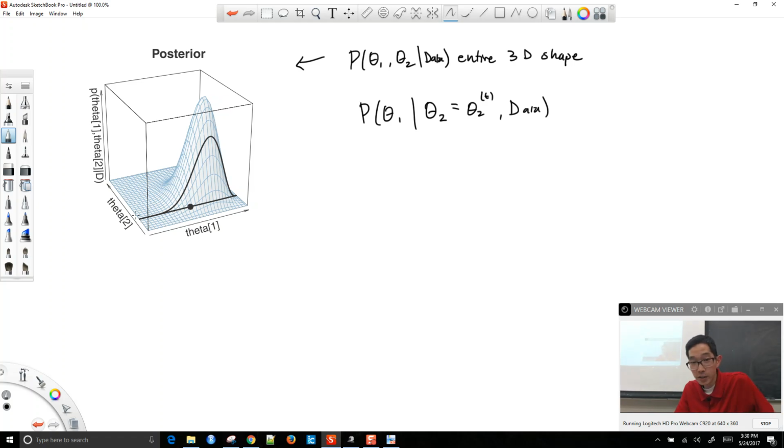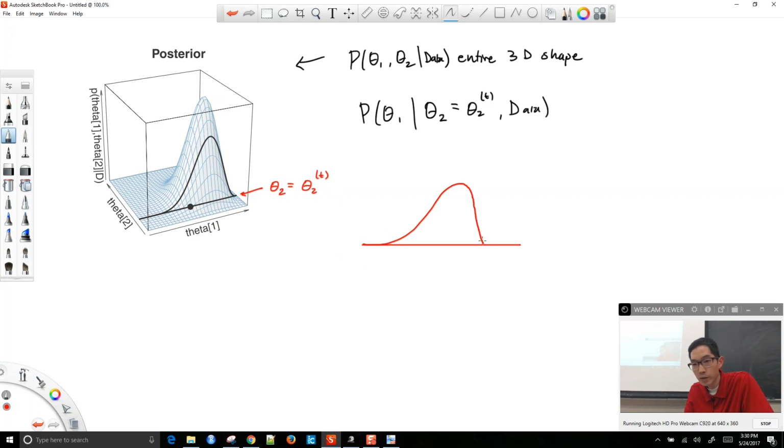And when we isolate it, if we say theta 2 has to be this exact value, now we just have a one-dimensional, unidimensional distribution.